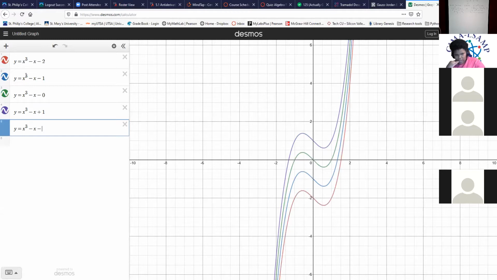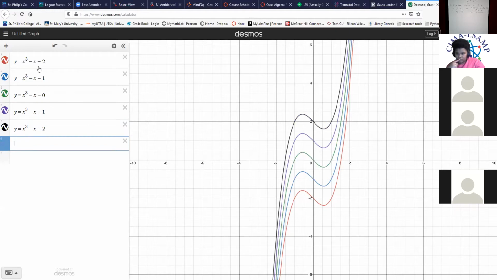All of this depends. So this is the family right here. So the original f, or y, sorry, function is something plus c, right? X cubed minus x plus c. So the c can vary depending on the initial condition.